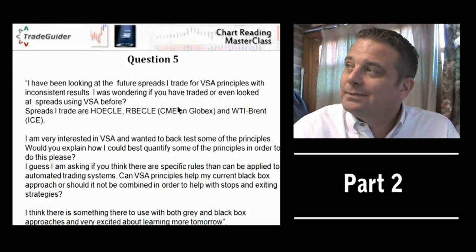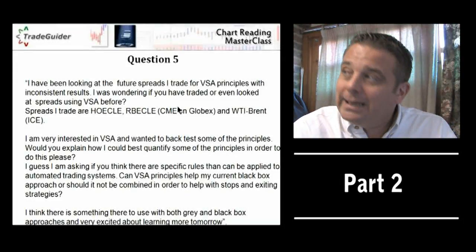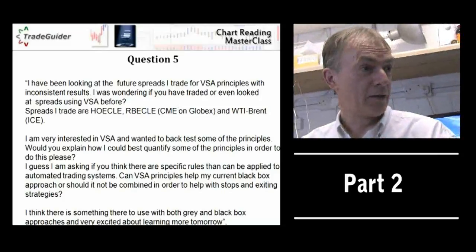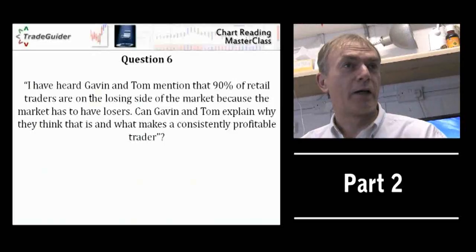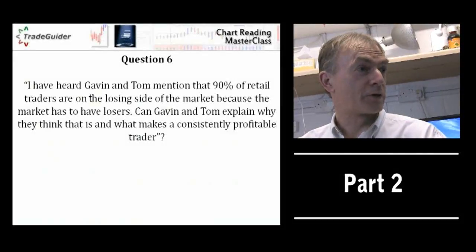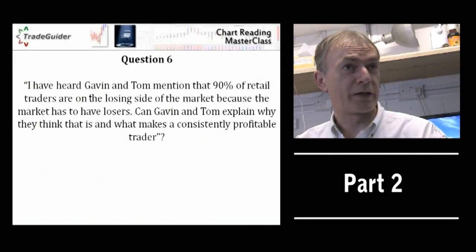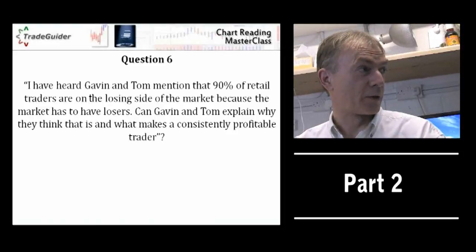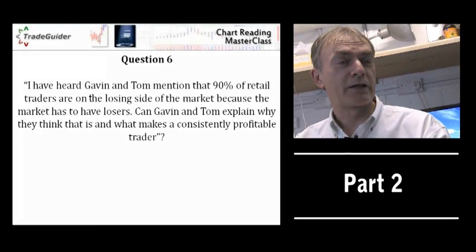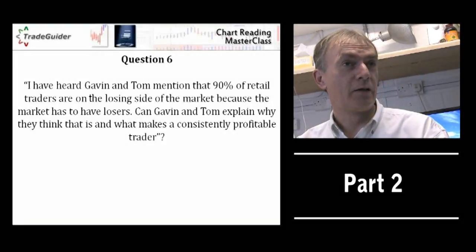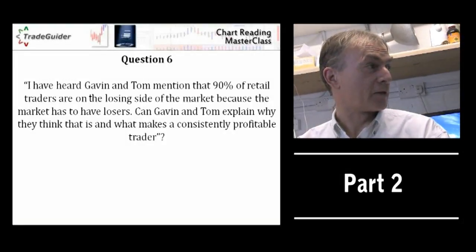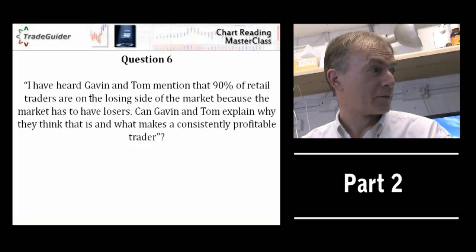Can I give an example of that? Yeah. Because I've been guilty of that before I really understood VSA. I bought some software, which cost quite a lot of money, and back testing showed, it was trading currencies actually, showed I think it was 75 to 80% success rate. Right. And I found later that it was based on moving averages and stochastics and all that type of thing. I bought the software thinking I was going to make a lot of money without too much work.